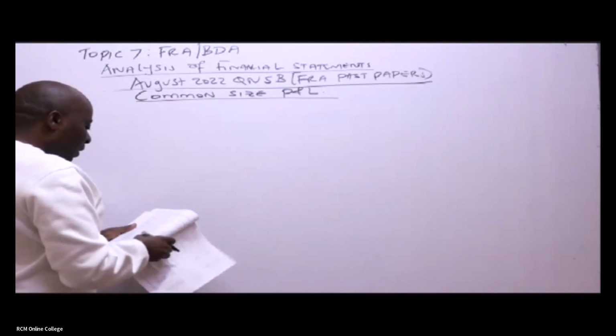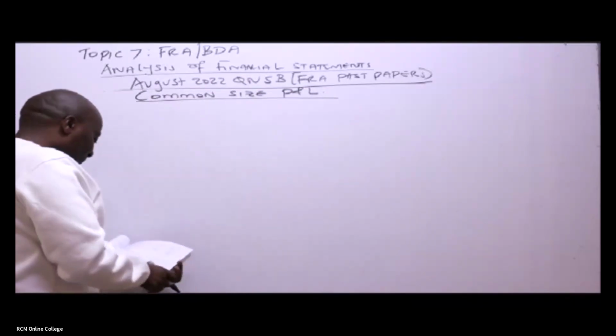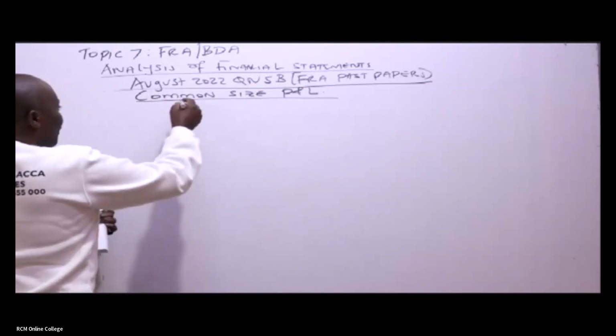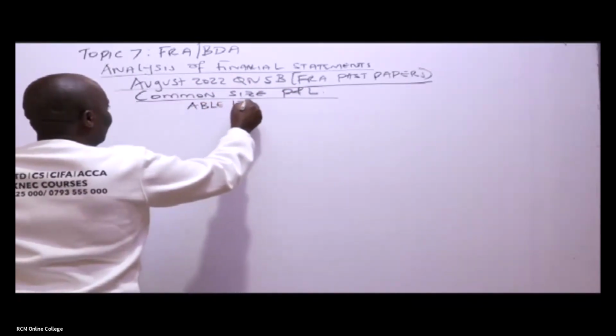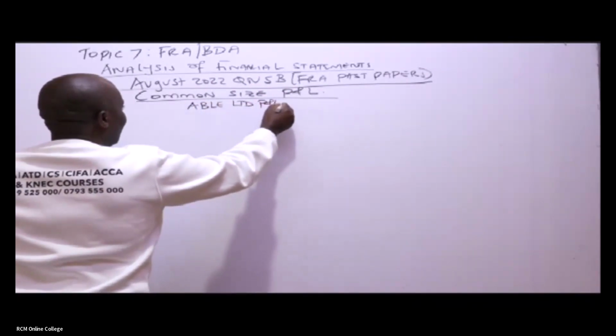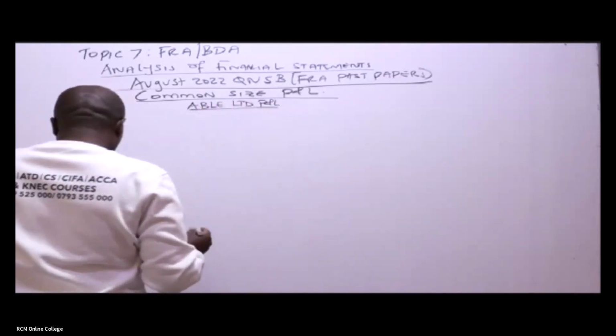So we copy for the first company, Able Limited, P and L for Able Limited.